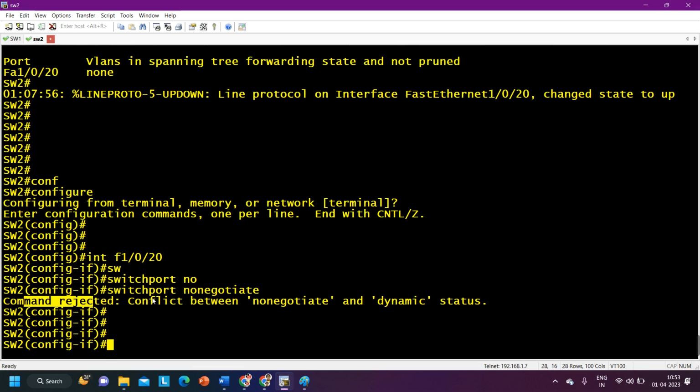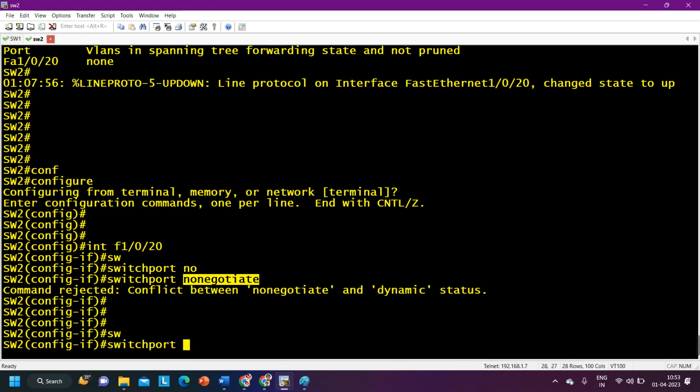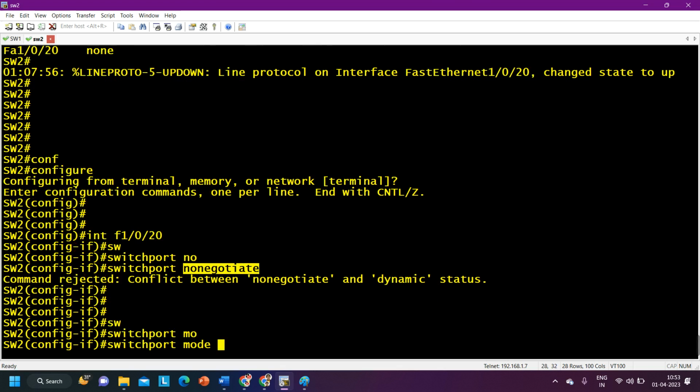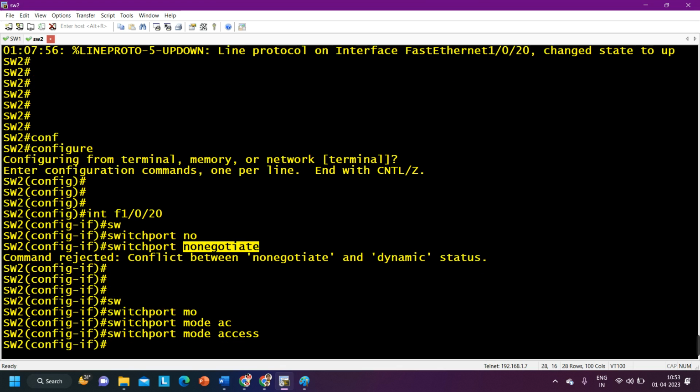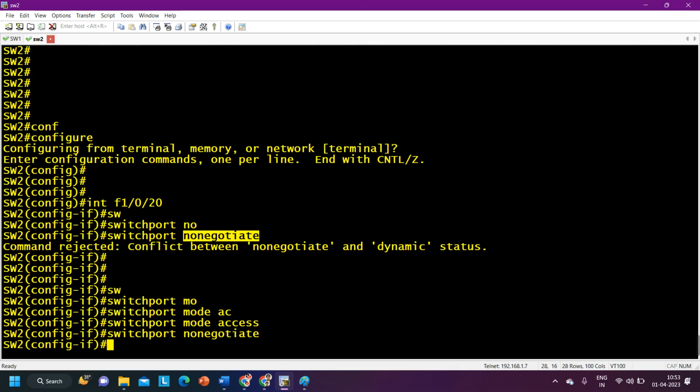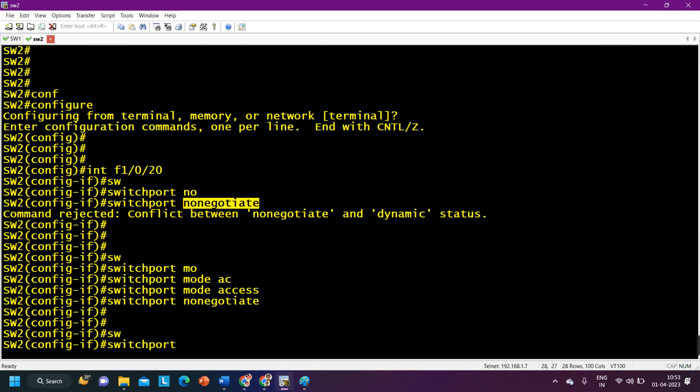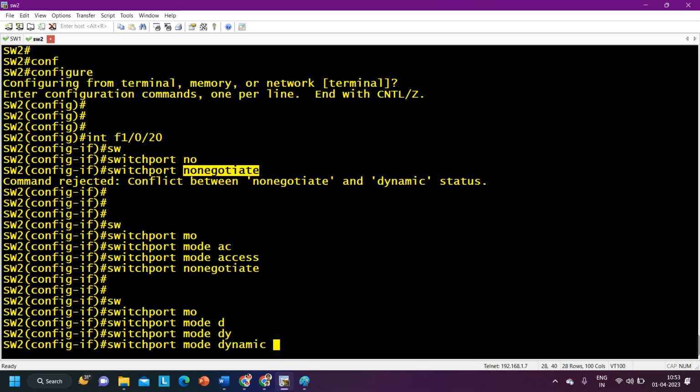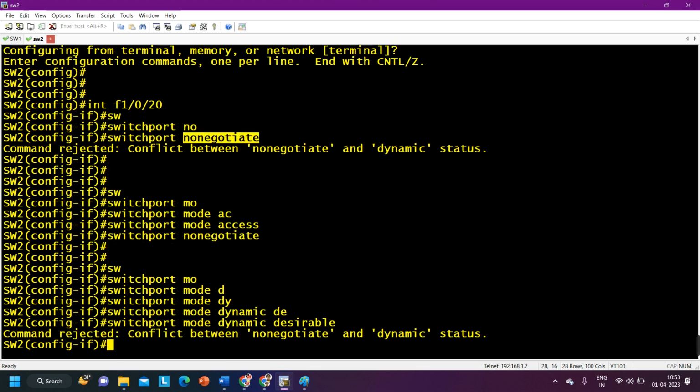Command rejected, because the administrative mode that here you have configured is dynamic. So definitely it is going to negotiate, and you are going to tell this switch no negotiate, so it is not allowing you. First of all, you have to configure this port as switch port mode access, static access or static trunk, then you can run this command.